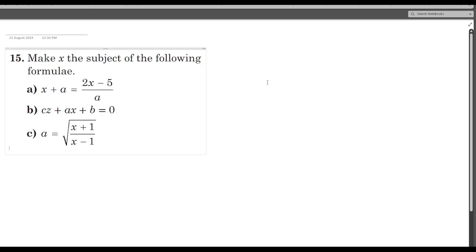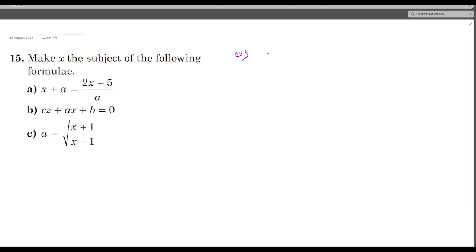15th question. Make x the subject in the following formula. So first A part. Now x I have to collect on one side. For that, let us first multiply by a on both the sides. So you have ax plus a square is equal to 2x minus 5. Let us move this ax to the right side.